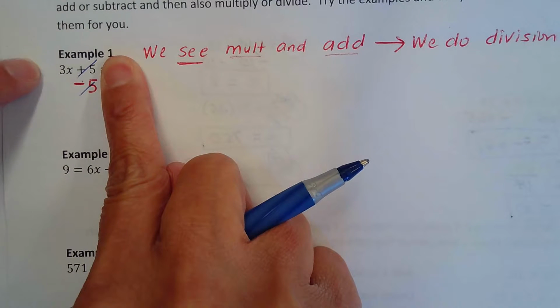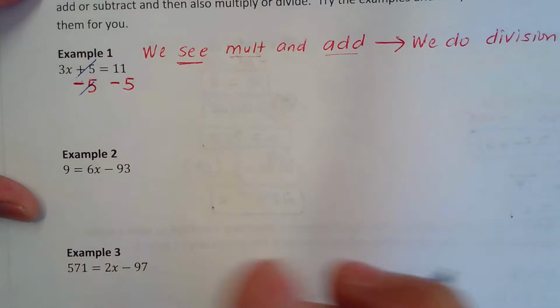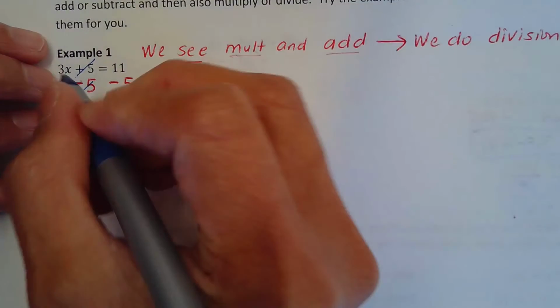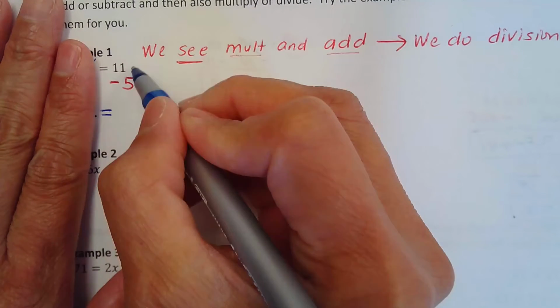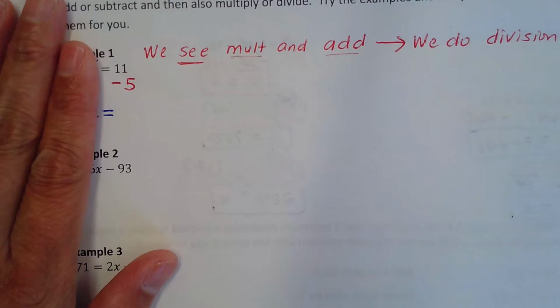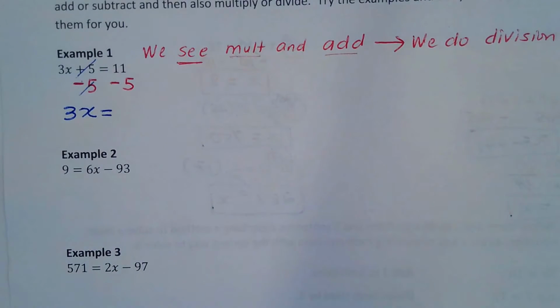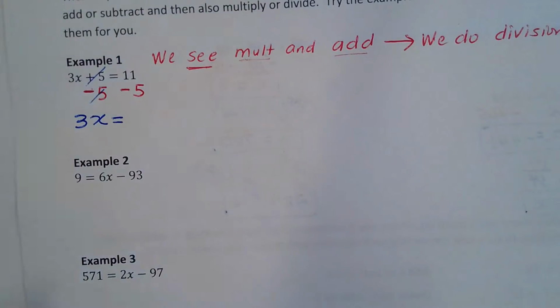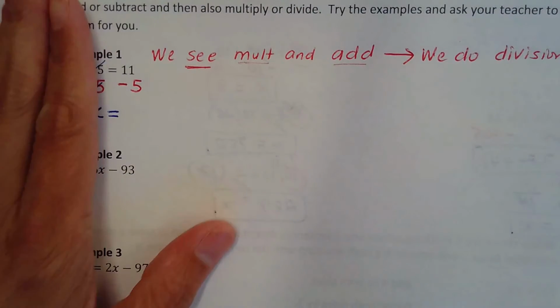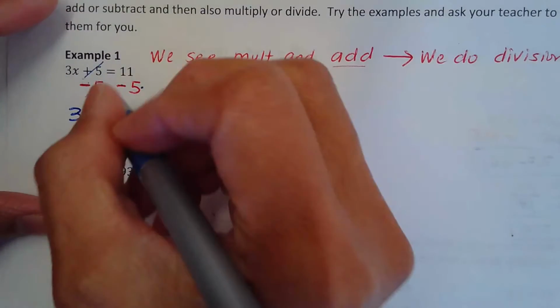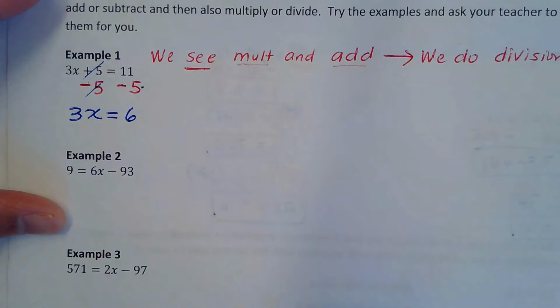We're left with 3x, equals what's left here. 11 subtract 5, which is 6. Good. So we did subtraction first.